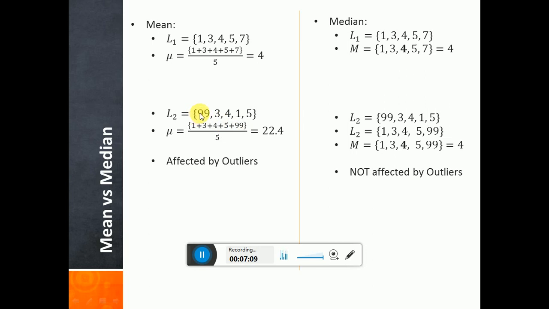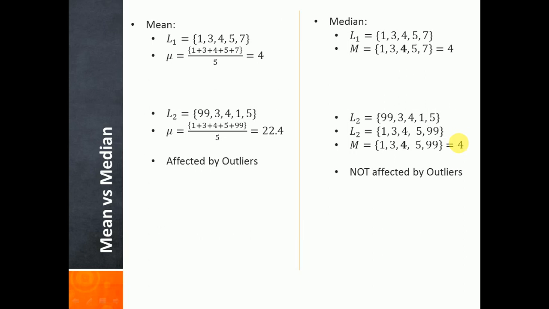In that case, that number is just shifting the average completely. So means are affected by outliers. At the same time, if we take the same list, order it in increasing order and take the middle value, well, the median is not affected at all. So median in one way is not affected by outliers.